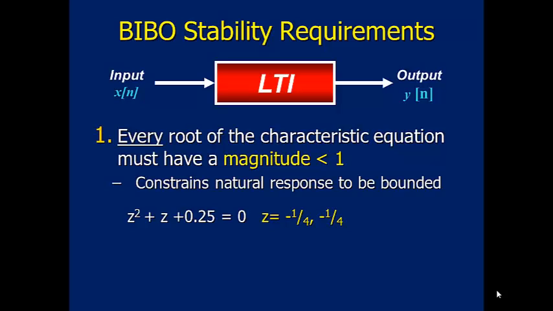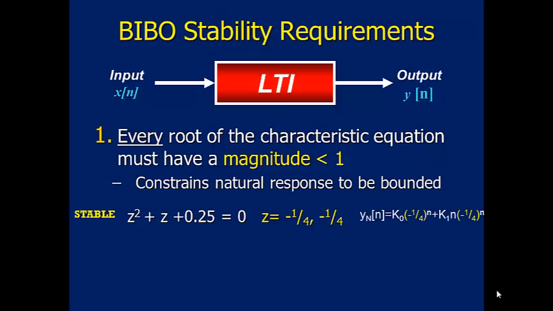So if you extracted your characteristic equation from the difference equation and had one like this, z squared plus z plus a quarter equals 0, you solve for the roots, you found, oh, I've got repeated roots. These are okay, even though they're repeated, that's fine. We get minus 1/4 to the n. They have magnitudes less than 1, so this is going to be a converging function.